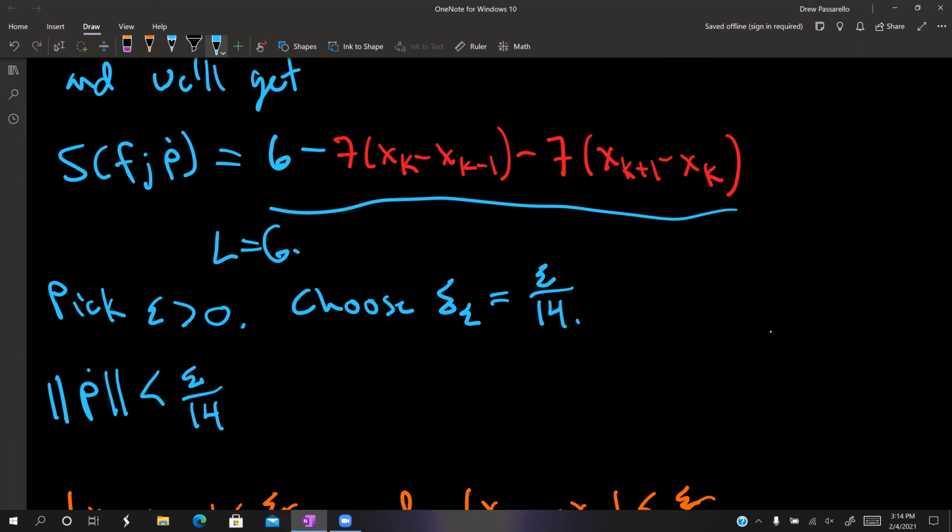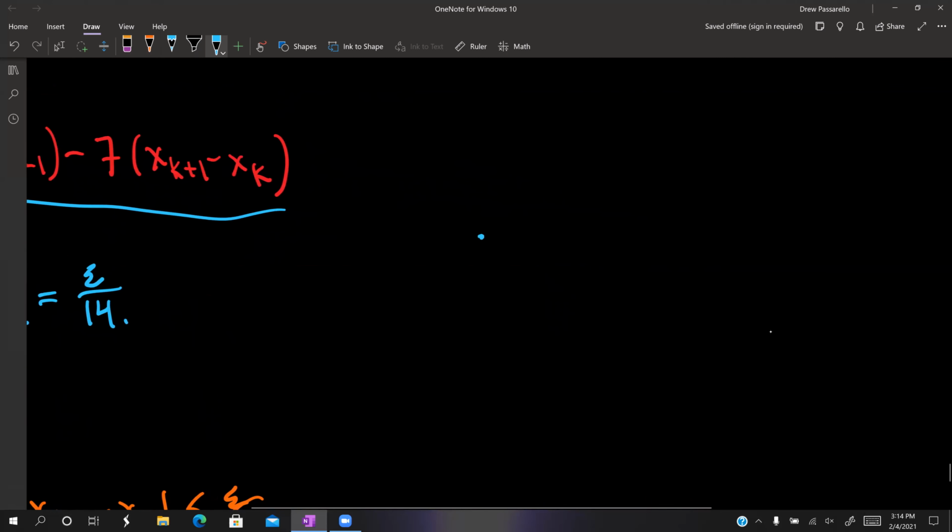So since that's the case, I'm doing 6 minus a bigger value, that difference is going to be smaller than the difference of 6 minus the other value. So for instance, I'm saying like 6 minus 2, that's less than 6 minus 1, for example.